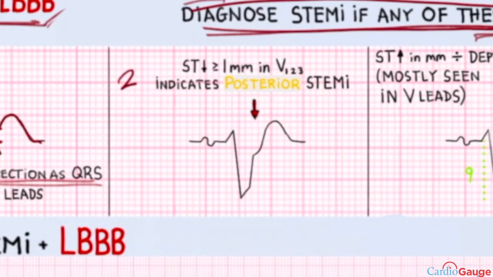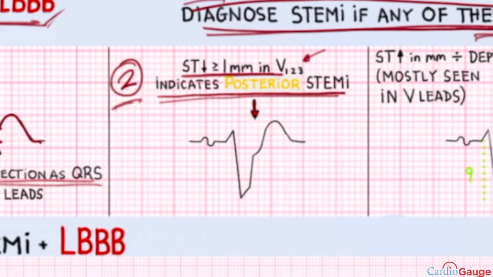The second situation where you can read it is if you have ST depression greater than or equal to 1 millimeter in V1, 2, or 3. And this indicates a posterior ST elevation MI is happening. So you've got your P wave, we're in V1 here, and then the QRS, and then the ST segment is depressed.